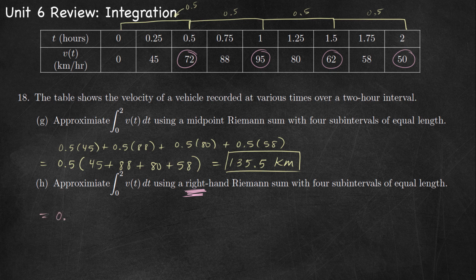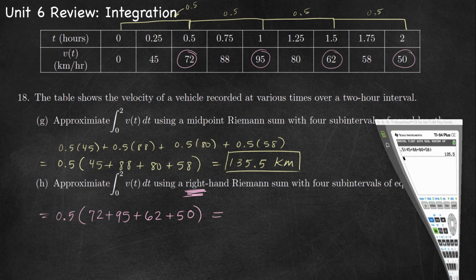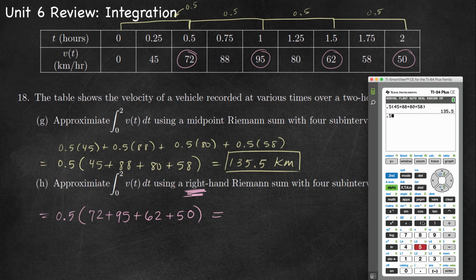And I'll take the shortcut of factoring out that 0.5 since my intervals all have the same width. So now it's 0.5 times (72 plus 95 plus 62 plus 50) equals 139.5. And again, that'll be kilometers.